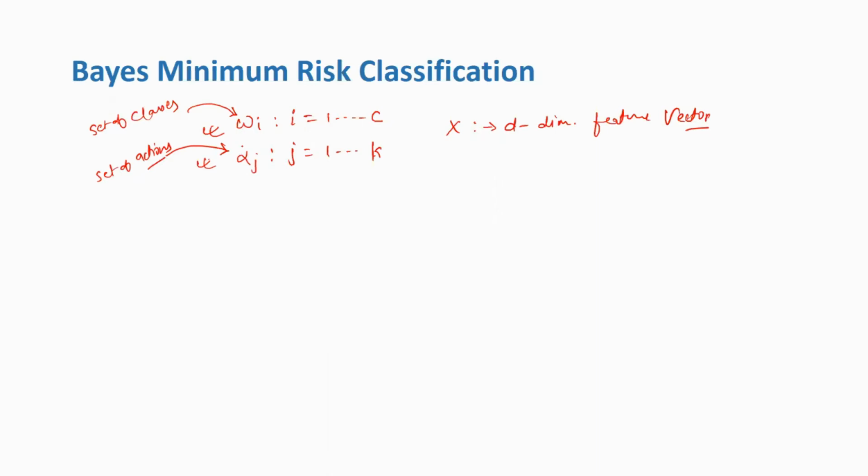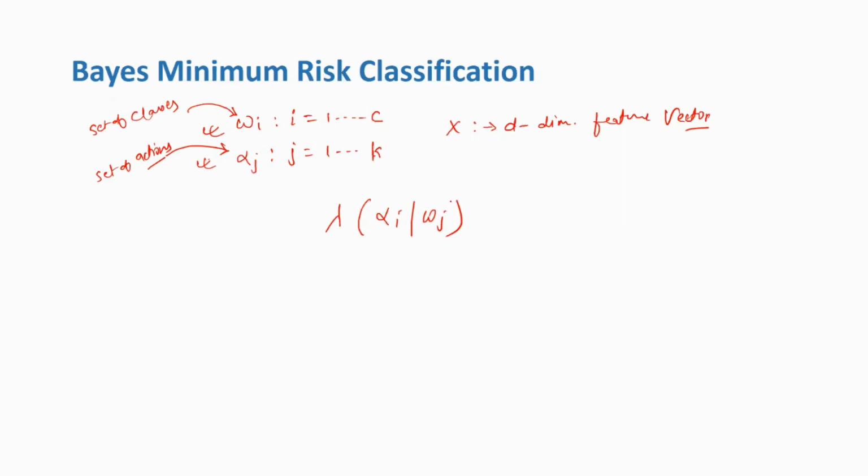So basically, when we take a set of classes with some set of actions, then the loss function is given by lambda alpha i given omega j.